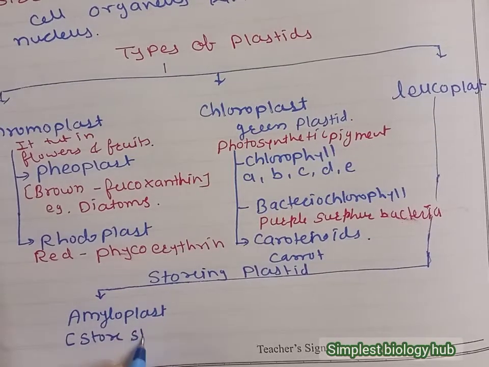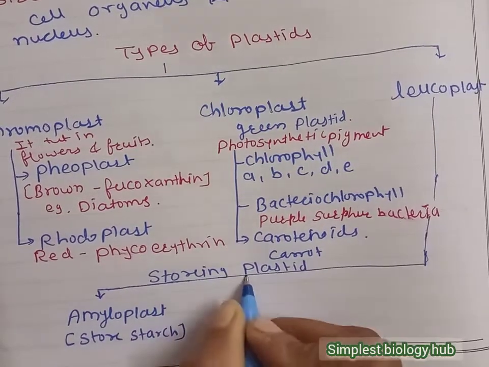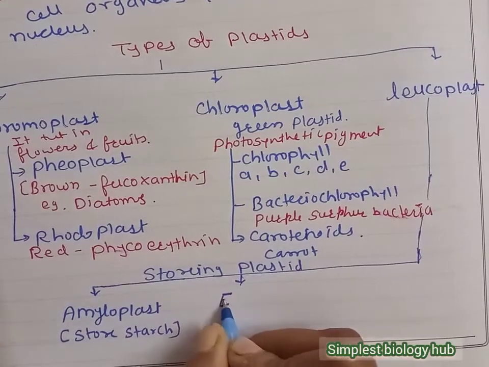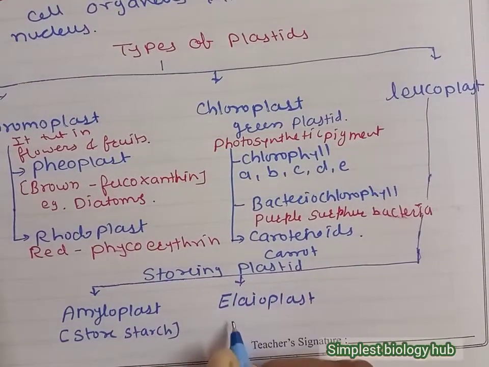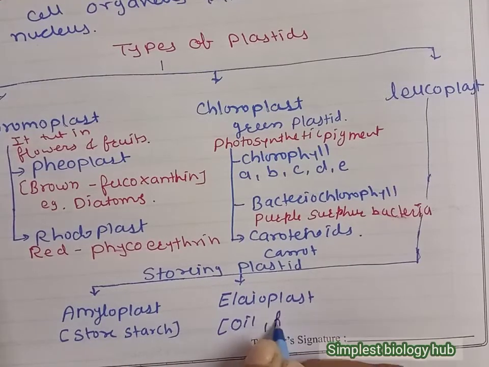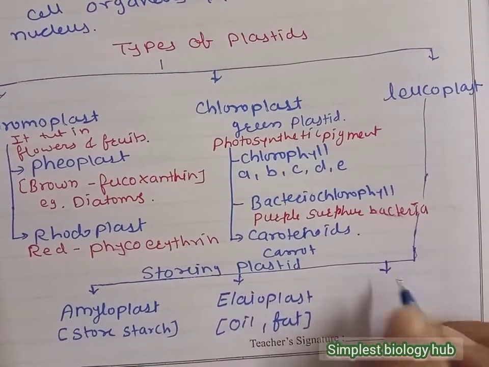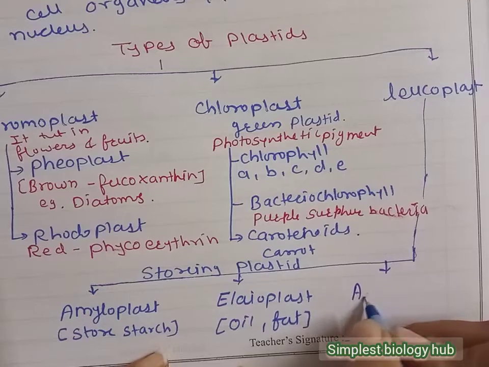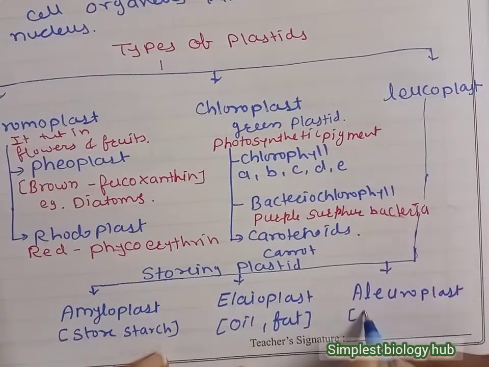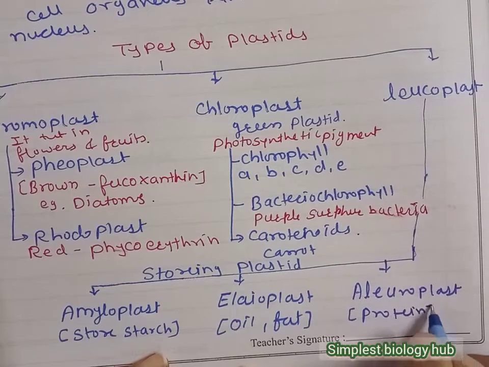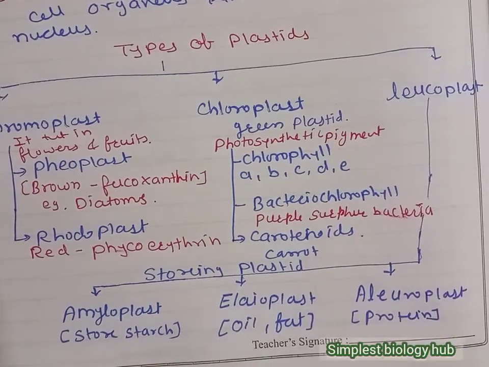Amyloplast stores starch or carbohydrates. Then the second one, elaioplast, stores oil and fat. And the third one is aleuroplast, and it stores protein molecules inside the plastids. These are the three main categories of the leucoplast.